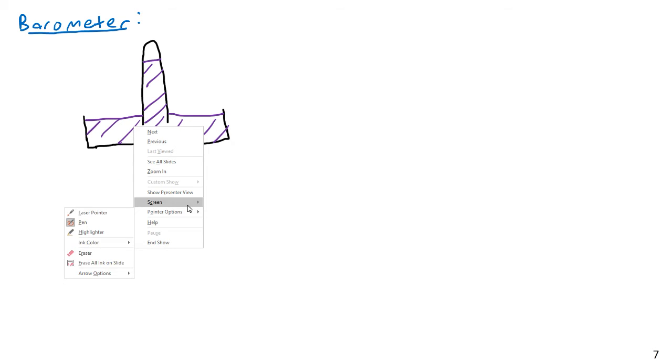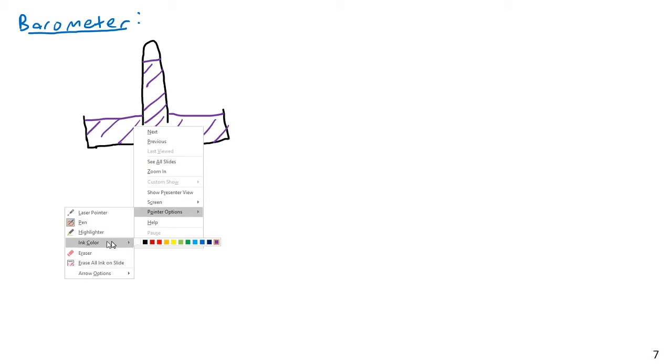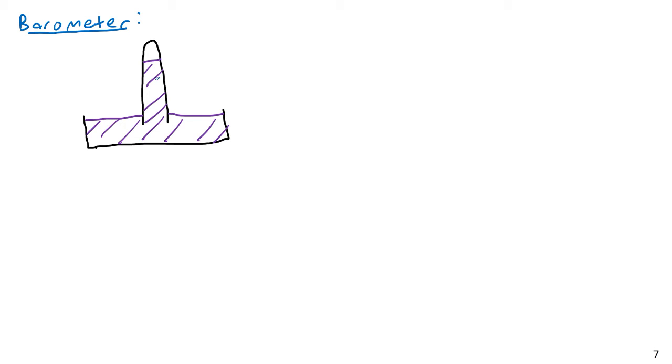So I'm going to have two pressures I want to consider. I'm going to call this P1 and P2. This portion of the tube has been evacuated. The air has been pumped out of here. So this is basically near vacuum.